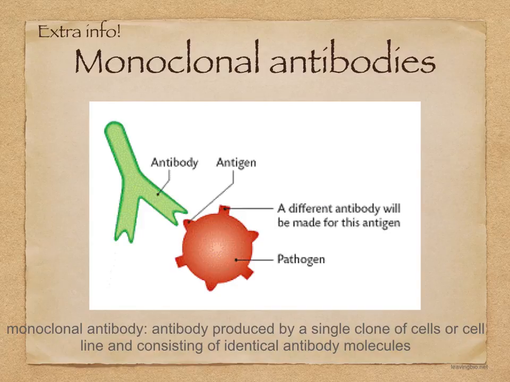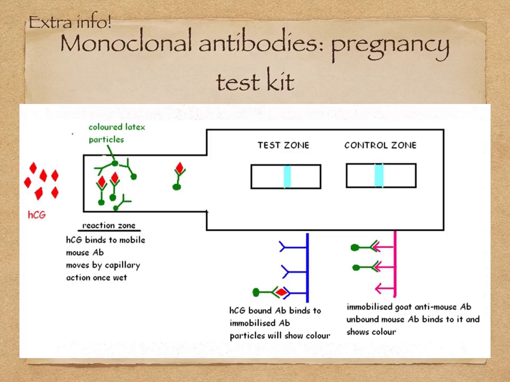So where would we use monoclonal antibodies? Well, in a pregnancy testing kit. What you do is you've got immobilized antibodies on something called a urine dipstick. So this detects traces of a hormone called HCG, human chorionic gonadotrophin hormone, that gets released by the placenta.